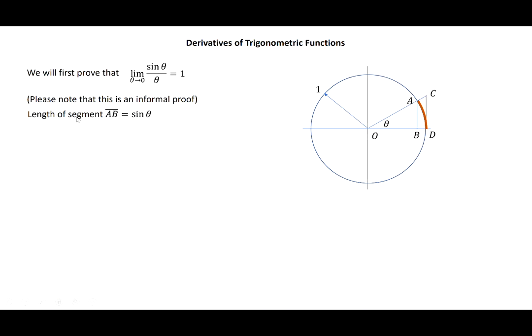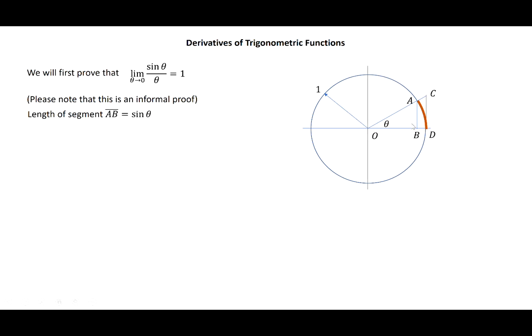Would you agree with me when I say the length of the segment AB is actually sine theta? This vertical length AB, I'm claiming, is sine theta. On what grounds can I claim that? Look at this triangle OAB.